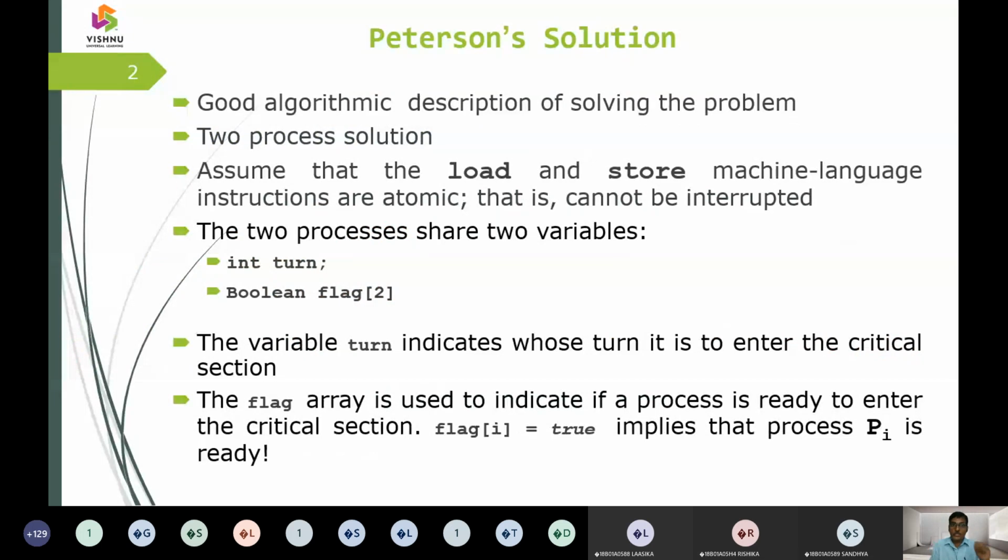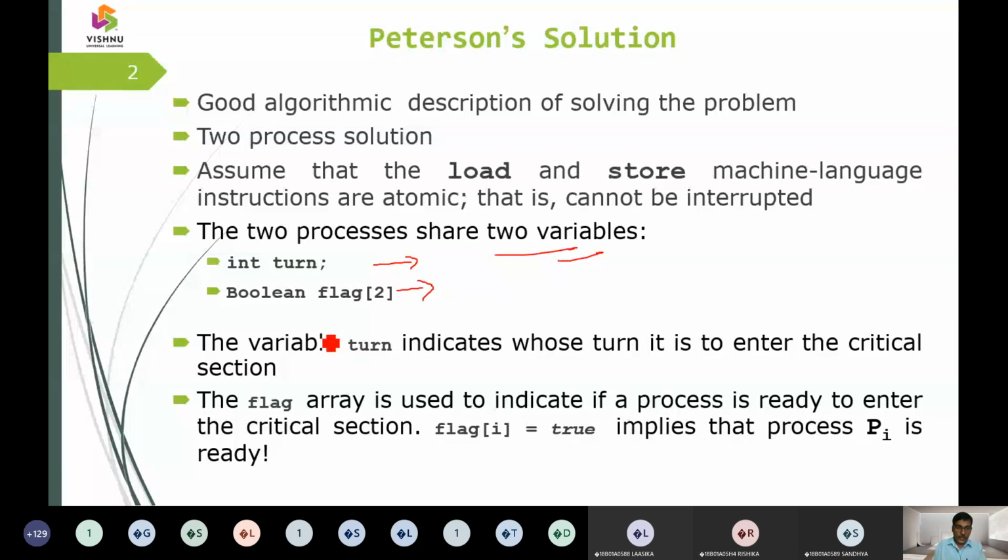So how is Peterson's solution implemented? When Peterson's solution has to be implemented, we say there are two processes, and these two processes are going to use two shared variables. One I am going to call turn, and the other flag.